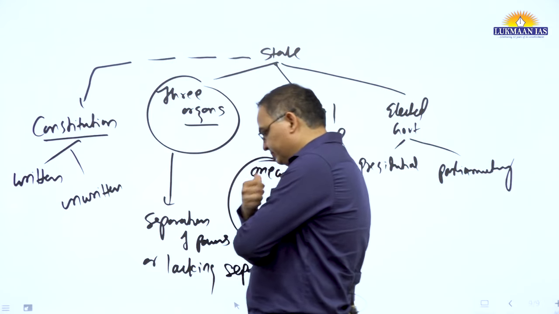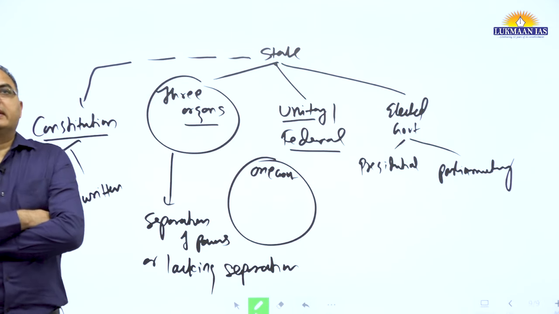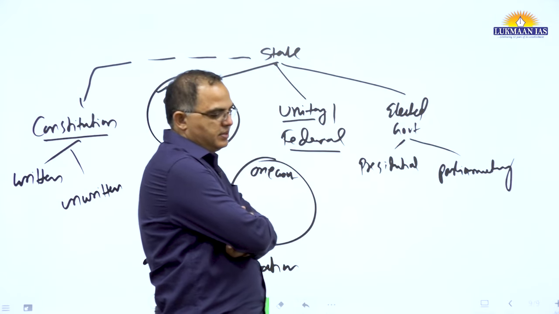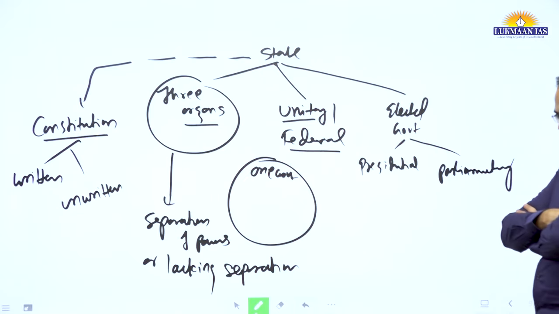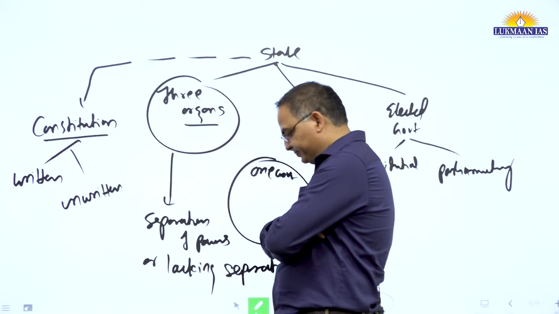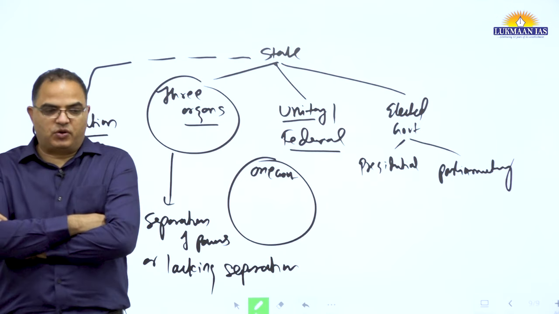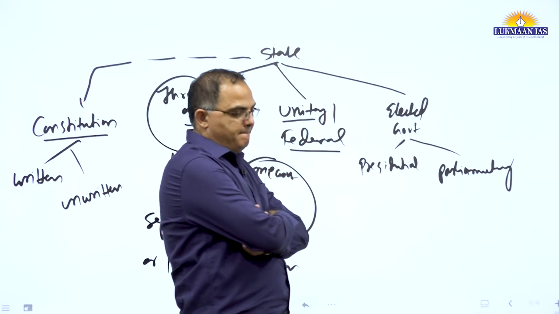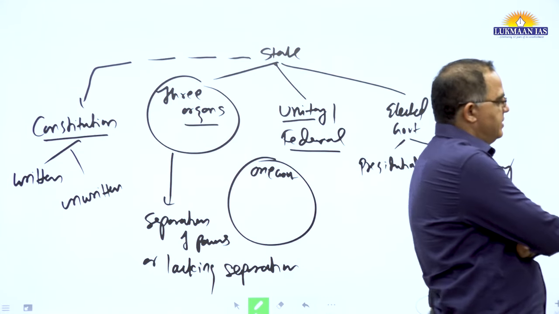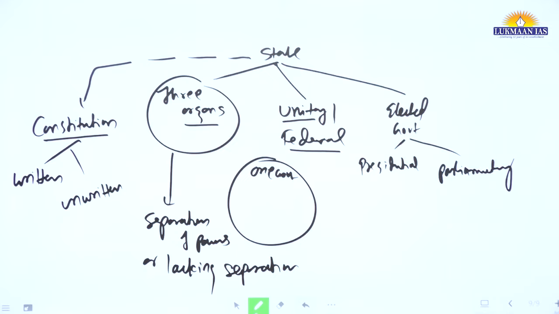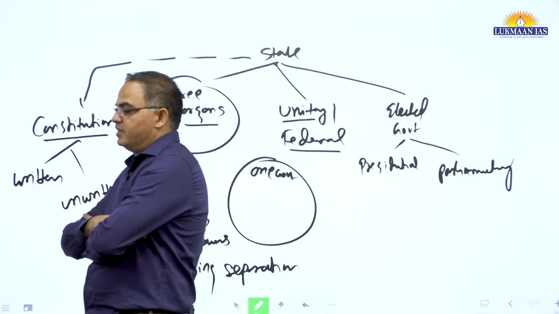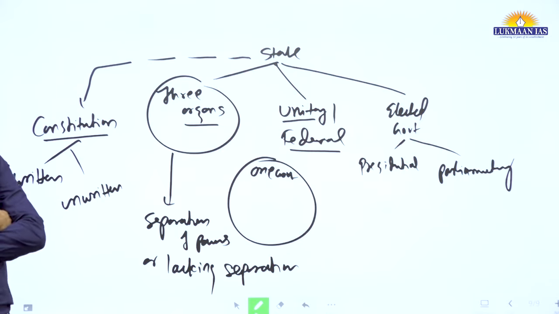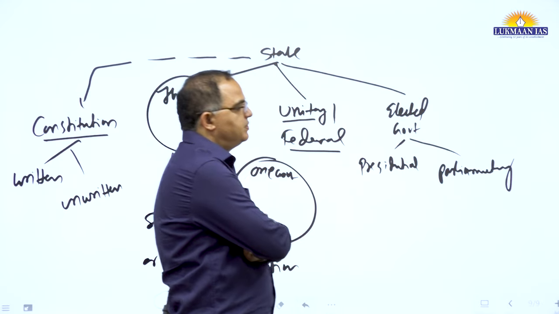First, a system of elected government, like a sovereign state. Next, people with democratic rights. Next, a system of constitution.